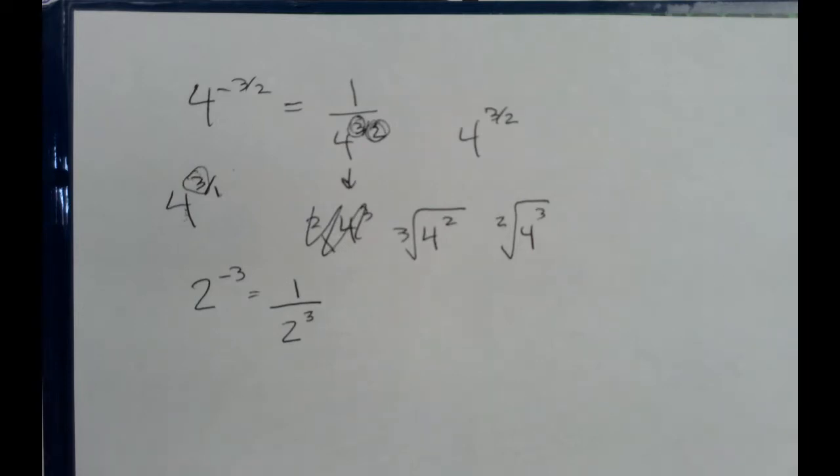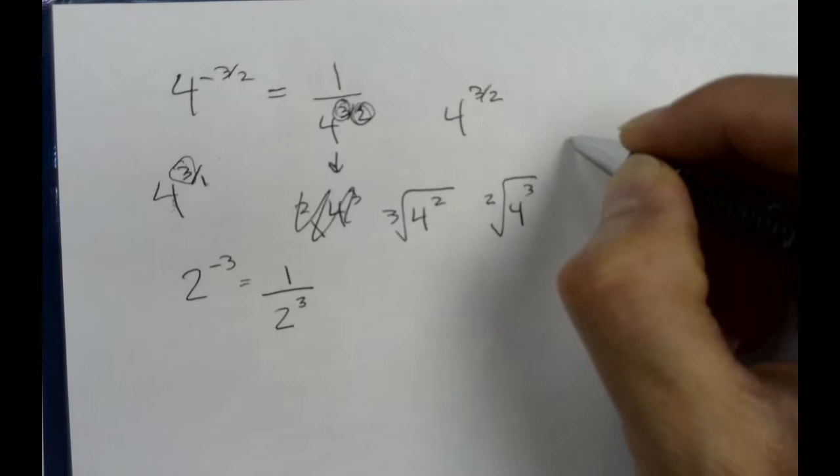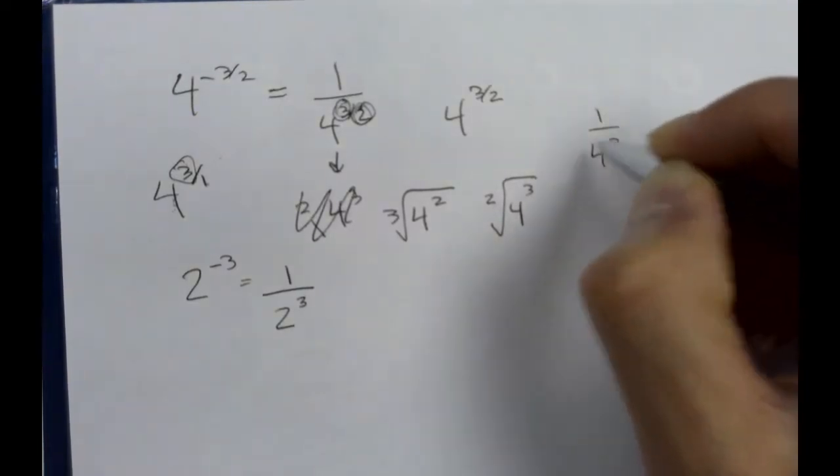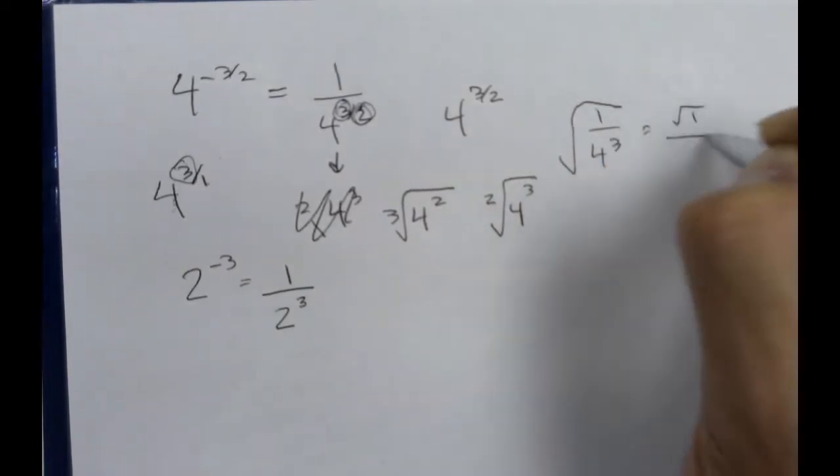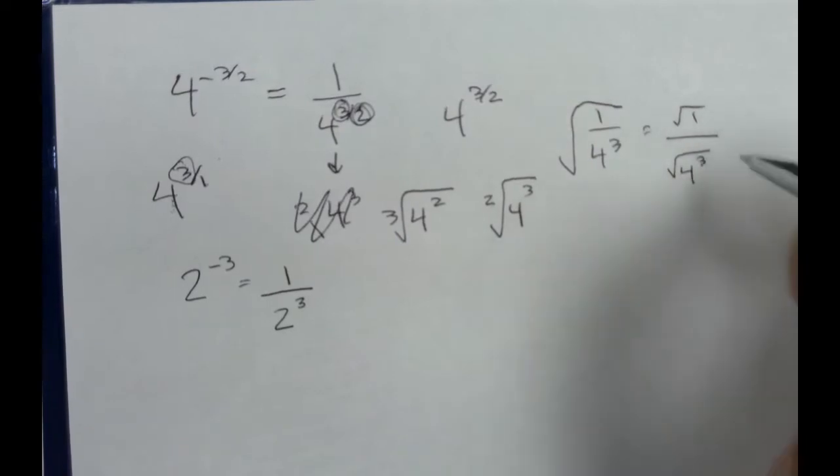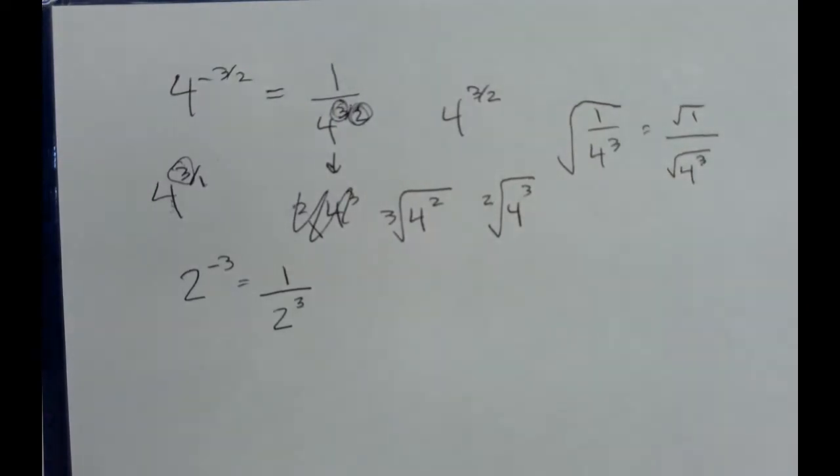Right. And then just remember that if you have the root of a fraction, you can go ahead and separate anything that's being divided or multiplied. You can rewrite that as separate roots, because roots are basically an operation within the multiplication and division world, so you can move smoothly between those.